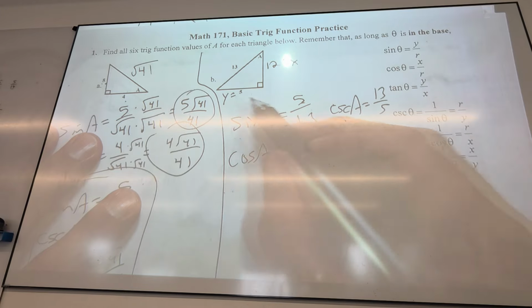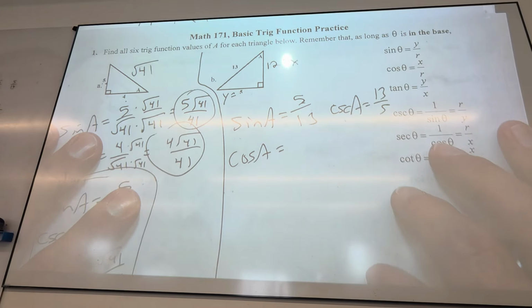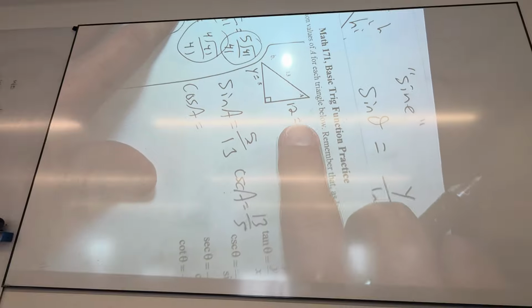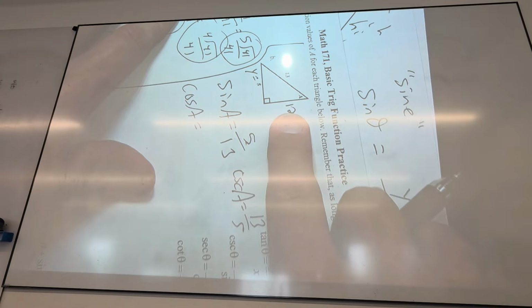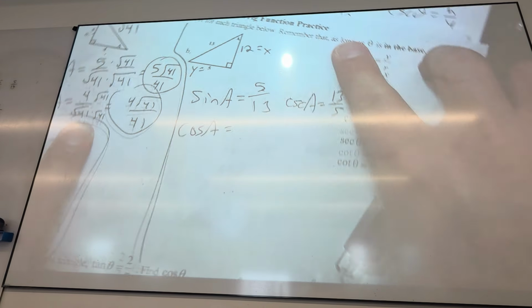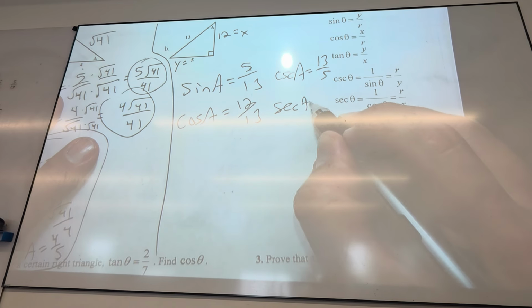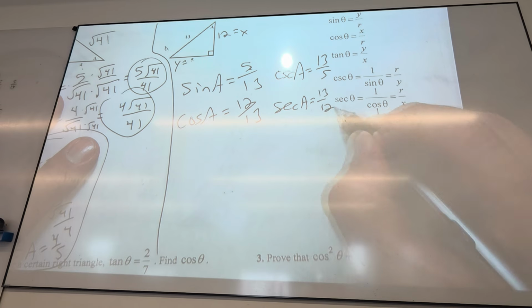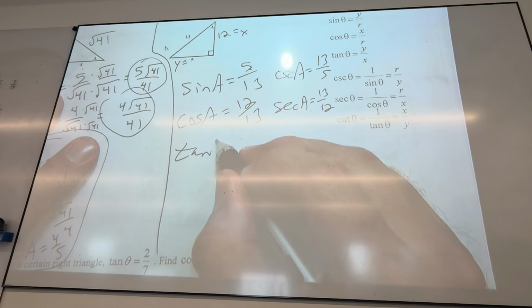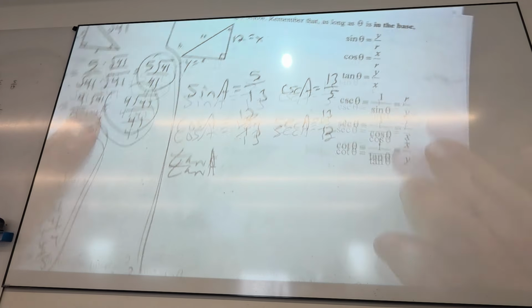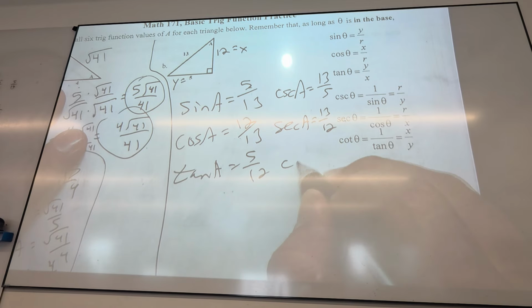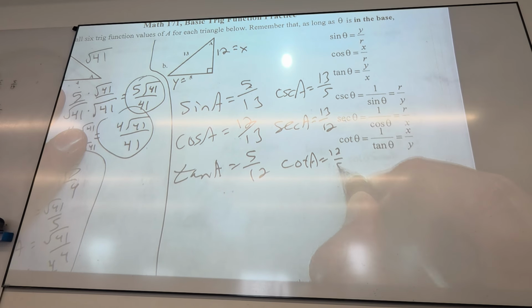We already got 5, because that's the y side, yes? So cosine will be 12 over 13. So what's secant? 13 over 12. And then what's tangent? 5 over 12. And what's cotangent? 12 over 5. Okay, I like it.